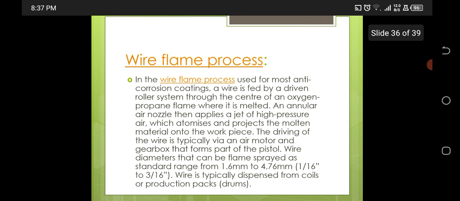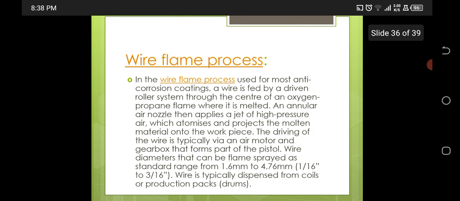Then we have to melt it by an oxygen propane flame. This is very important: oxygen propane flame is used as the source of flame for the melting of the wire material.